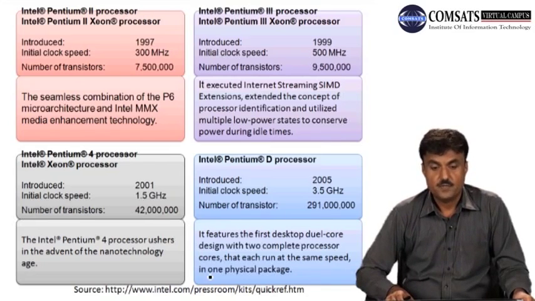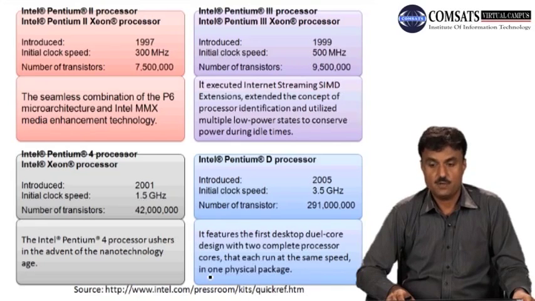After the Pentium 2 processors, Intel produced another processor family called the Pentium 3 processor and the Pentium Xeon processor. The Pentium Xeon processor was introduced in 1999. Its internal clock speed was more than the Pentium 2 processor, at 500 megahertz, and there were almost 9.5 million transistors.